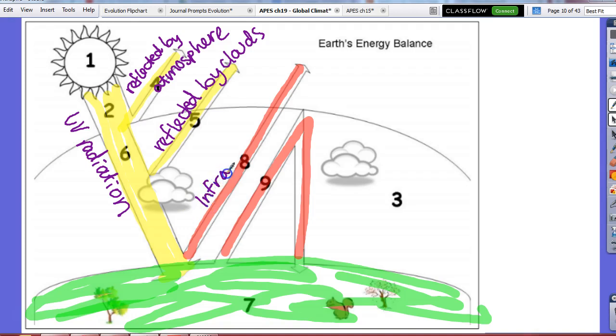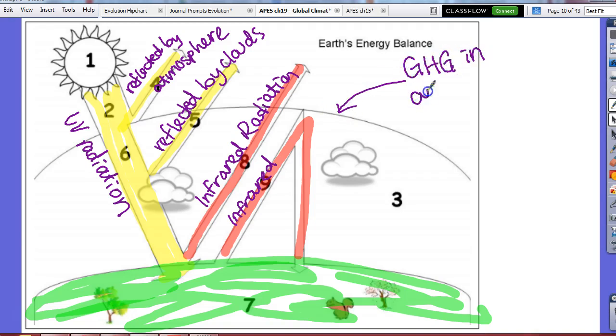So infrared. And then what ends up trapping it is the atmosphere, or the greenhouse gases in our atmosphere.